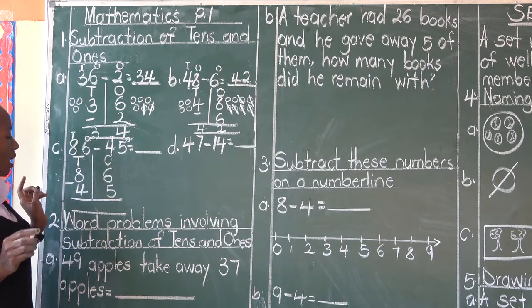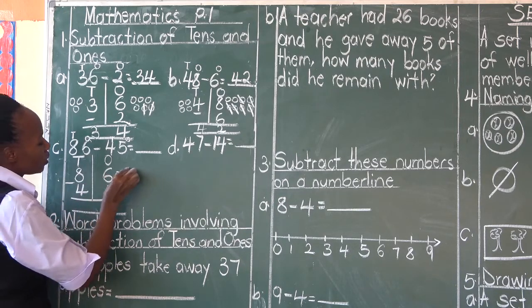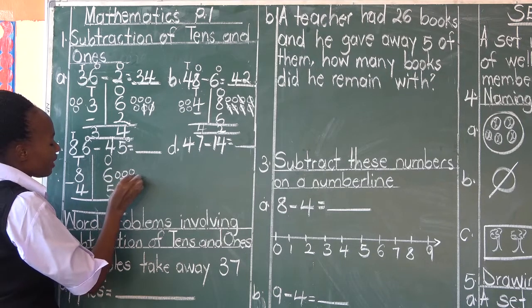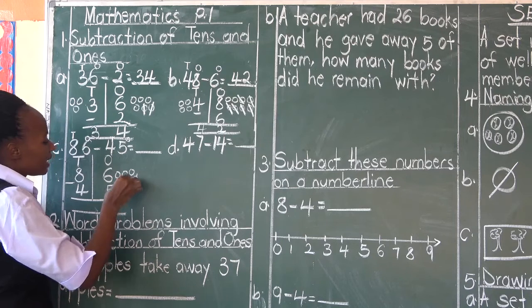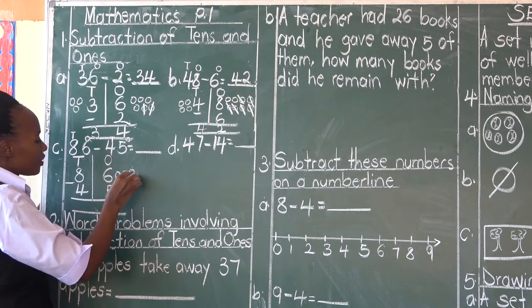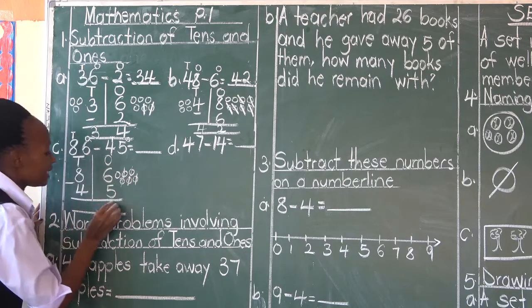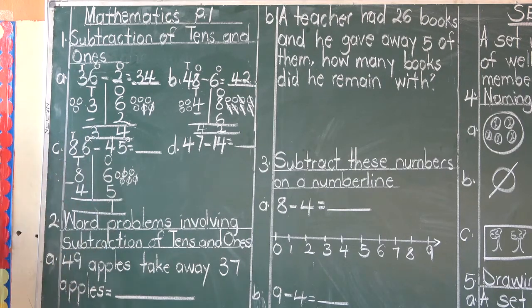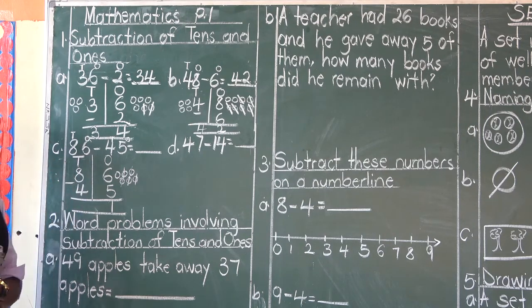Okay. Then we come to ones, we have 6, take away 5. 1, 2, 3, 4, 5, 6. Now we are going to cross out 5. 1, 2, 3, 4, 5. How many have we remained with? 1, right. Write our number 1. Then we come to tens. When I look at tens, we have 8, take away 4.